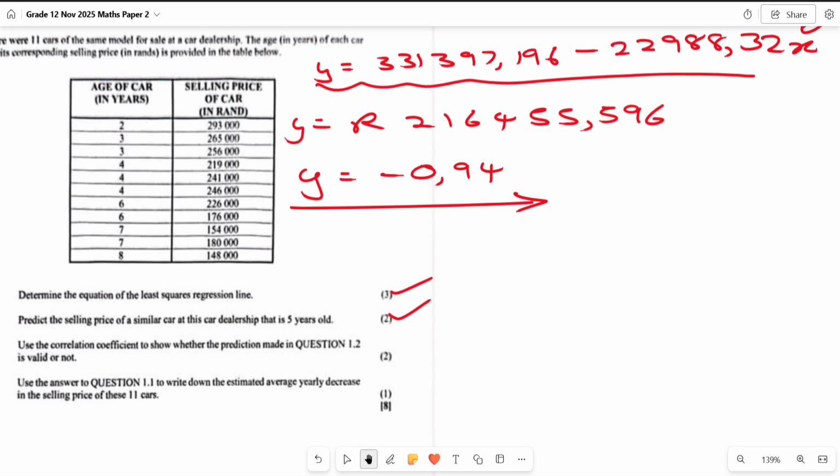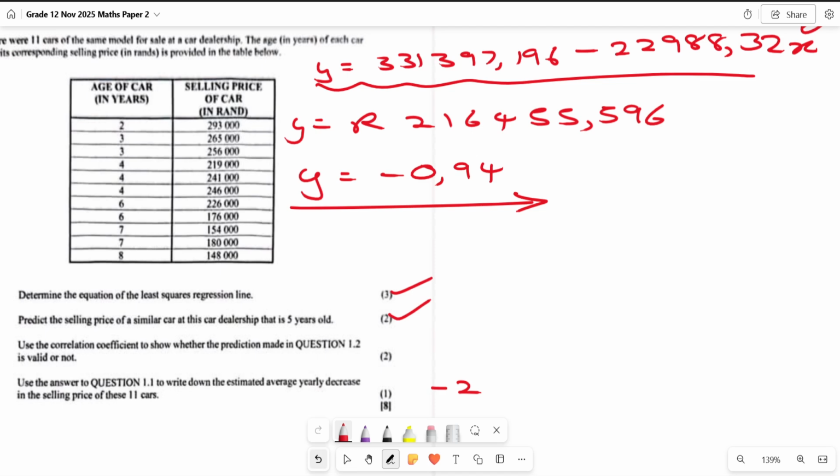How would we answer this question? Estimated average decrease. Okay, when you look at this, it's a 1 mark question. It sounds as if I'm just guessing, but our answer is going to be the B, the -2. Write down the estimated average yearly decrease in the selling price.